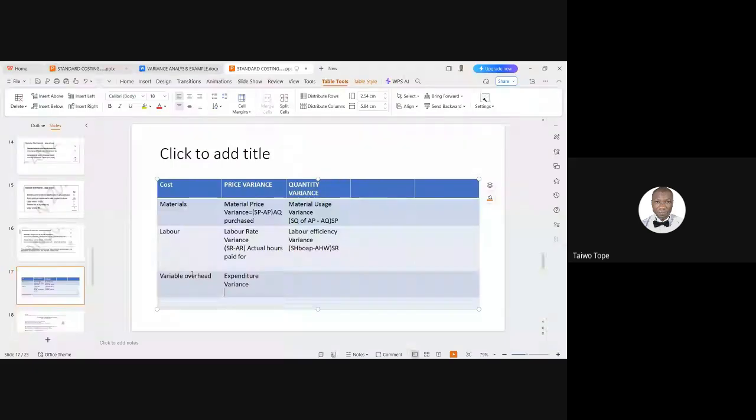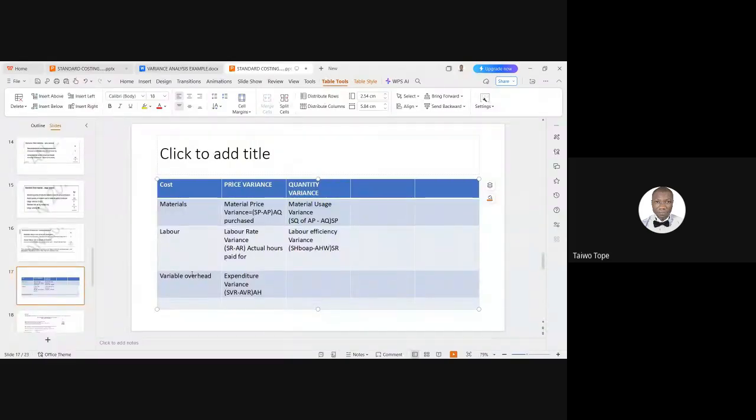So when we are to determine the components of this expenditure variance in terms of variable overhead, what do you think will likely be the formula? We're going to have it in this way: standard variable rate minus actual variable rate, multiplied by the actual hours.